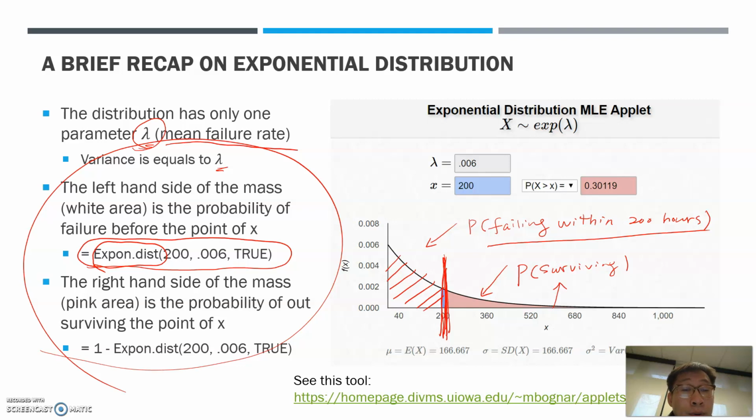So here, the point after x is 30%. So the probability of not failing, even after 200 hours, is 30%. So it means that the chance that it will experience a failure within 200 hours is fairly large at 70%.